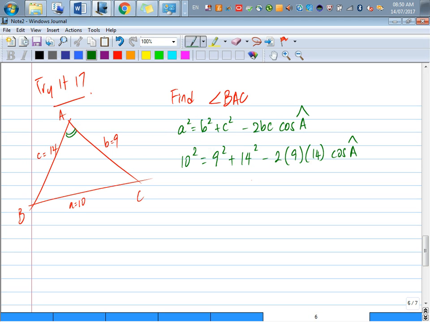So this will give us 252 cosine A equals 9 squared plus 14 squared minus 10 squared.